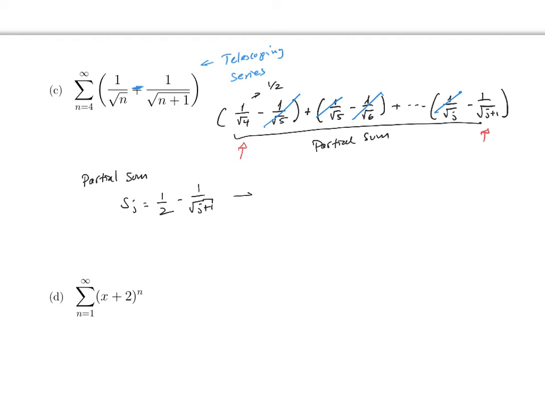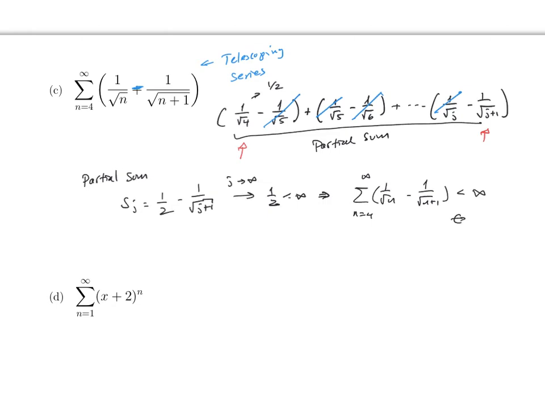But as j goes to infinity, notice that this is equal to just 1/2, which is less than infinity. So that implies that the series, the original question, is going to be convergent.